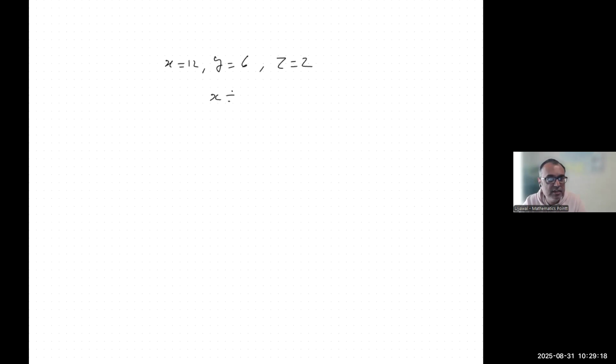I say X divided by Y divided by Z. Go for it. Darsh, it is 4, not 3. Good. It is 4. Now let's tweak the brackets, and I say X divided by the bracket Y divided by Z. Give me the answer.